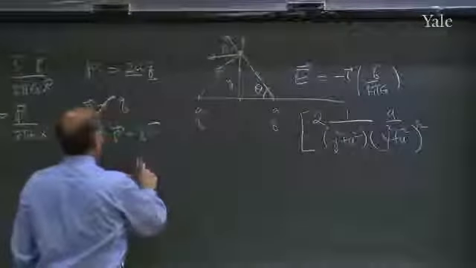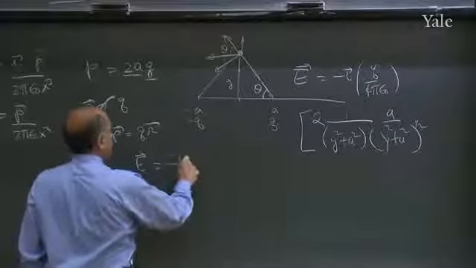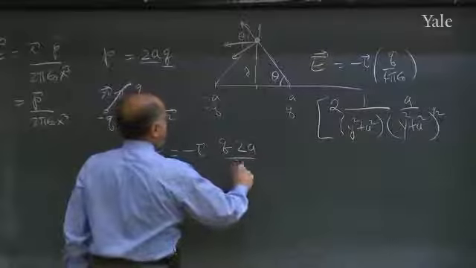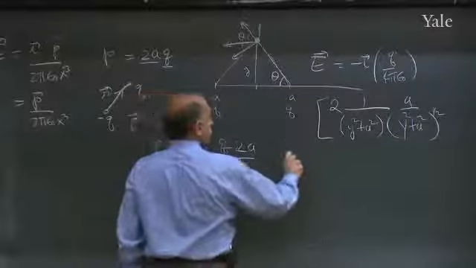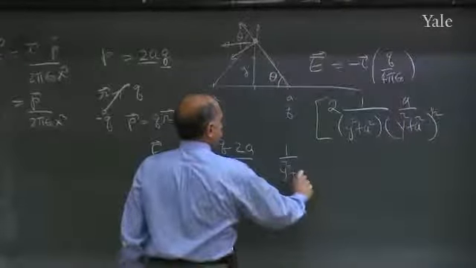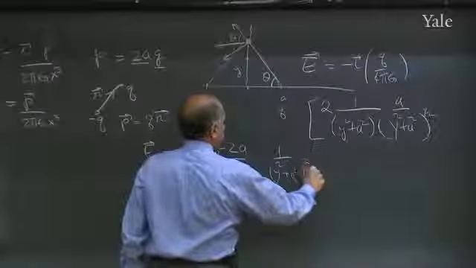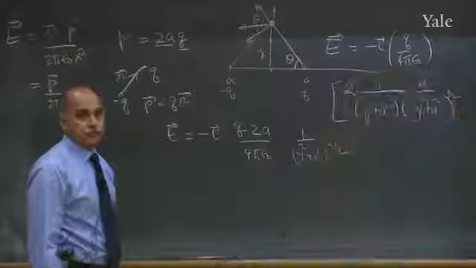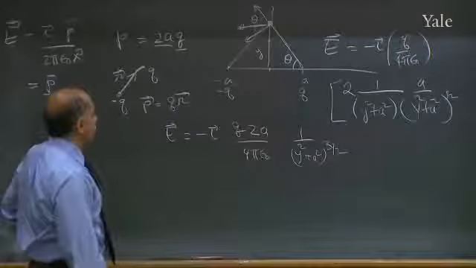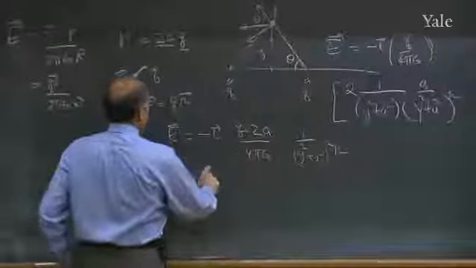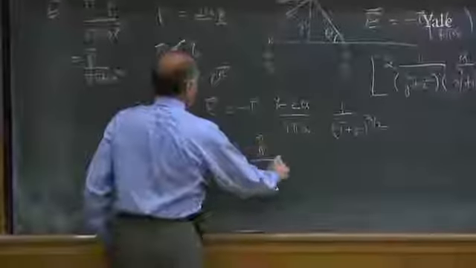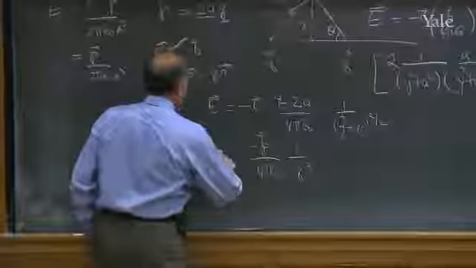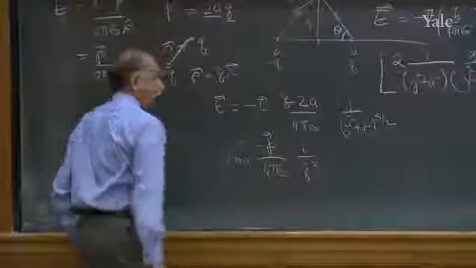So the E in the end is equal to minus i q 2a over 4 pi epsilon 0 divided by (y squared plus a squared) to the 3 over 2. That is then minus p divided by 4 pi epsilon 0 y cubed for y much bigger than a.